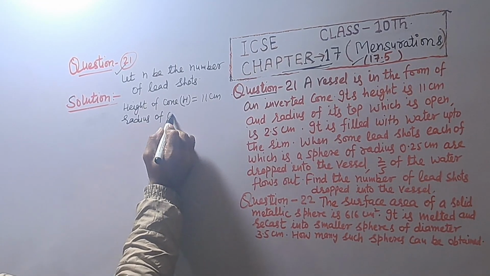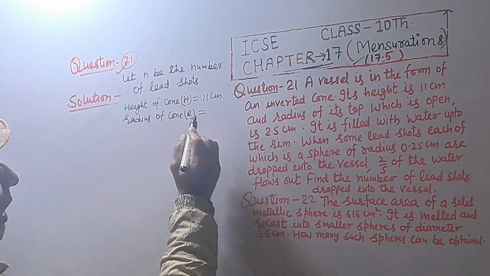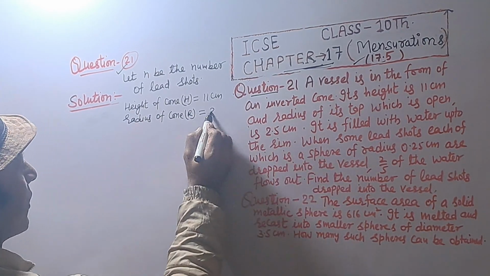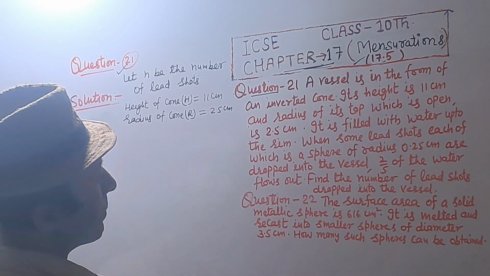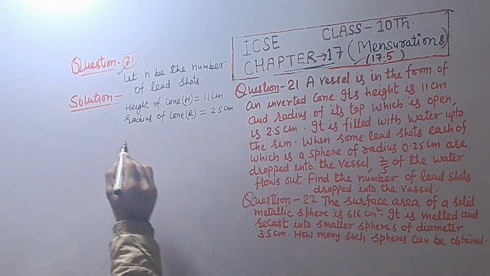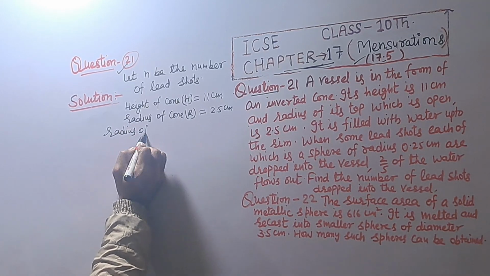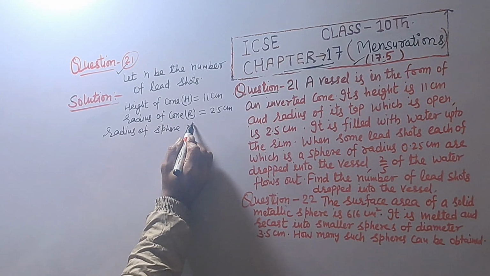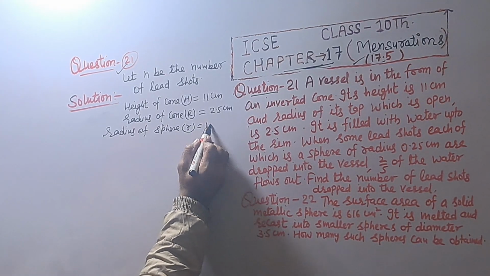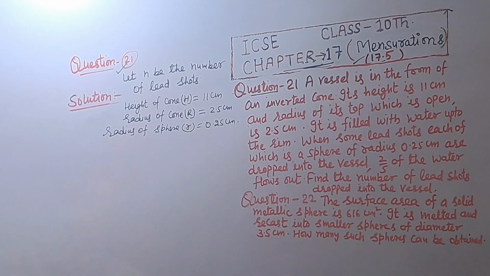Radius of cone, capital R, is equal to 2.5 cm. Radius of sphere, small r, is equal to 0.25 centimeter.